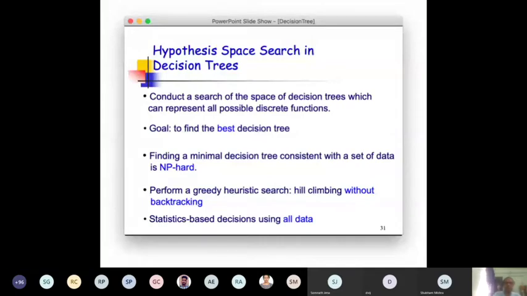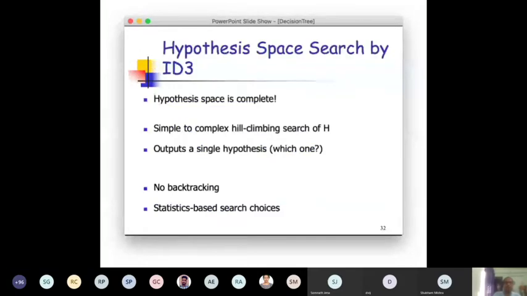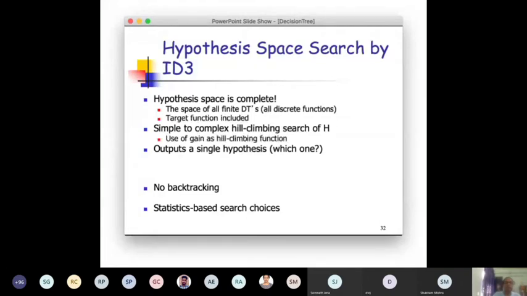So it is a statistics-based decision using all data. And once again, this is a kind of summary. It is complete and the target function is included, use gain, whatever I have said. It cannot assess all hypotheses. So this is another thing: you get only one consistent hypothesis. It is not that you are computing a version space using the candidate elimination algorithm of the previous topic of concept learning. Decision tree is also a kind of concept learning, but it is a more powerful representation.